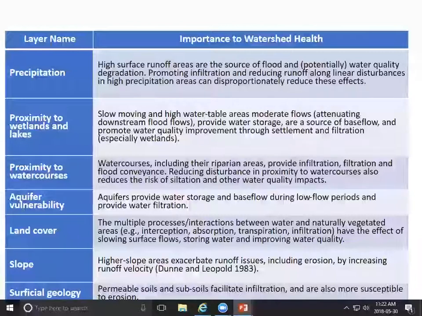Aquifer vulnerability was a layer people wanted to include. Obviously it's important for us to preserve our aquifers, and surface disturbance can have a negative impact on aquifers. Land cover is the vegetation, what's on the surface, and how that land cover interfaces with water.